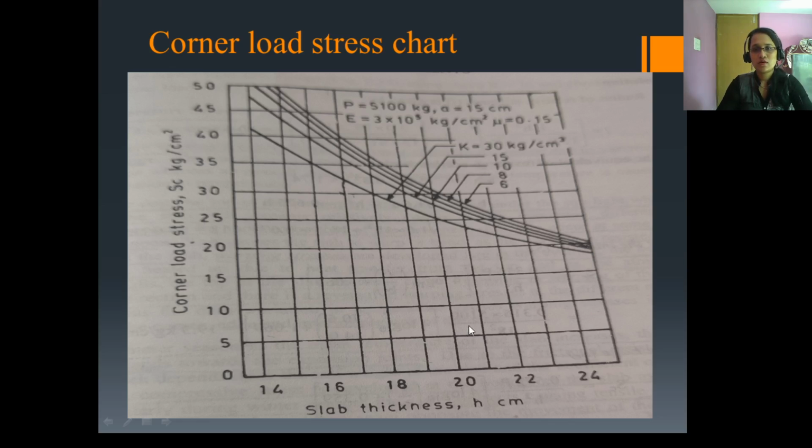Corresponding to this curve and this value of slab thickness, we are getting it as 25. This is 25, for 20 and this curve K is 30 kg per centimeter cube. So we get SC, that is the corner load stress, as 25.